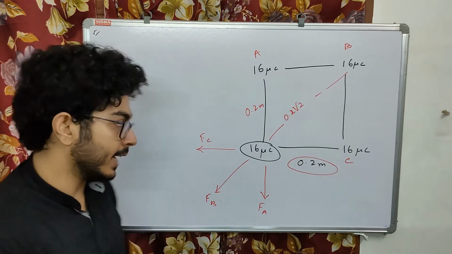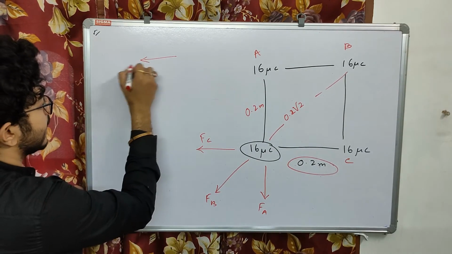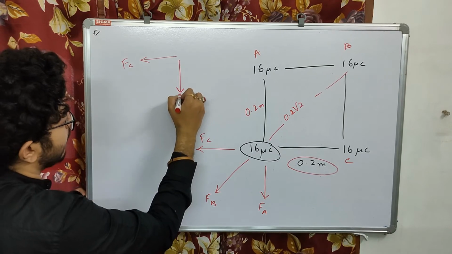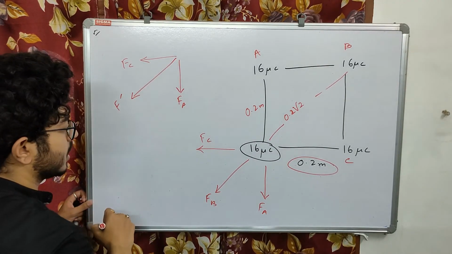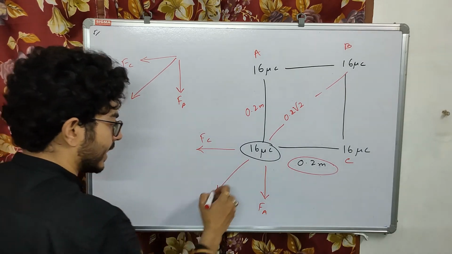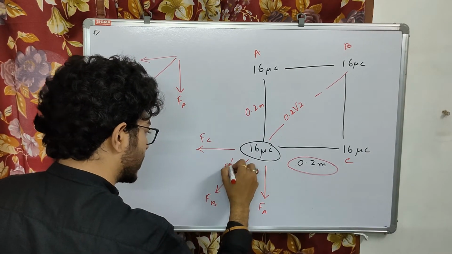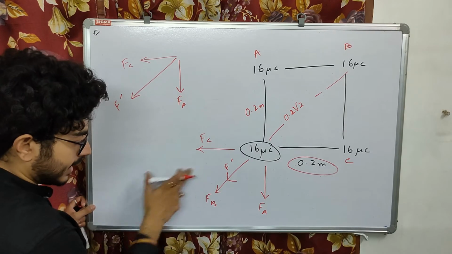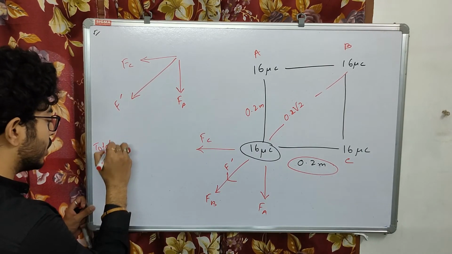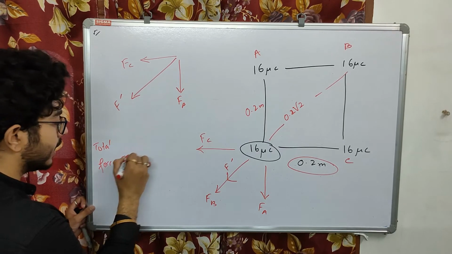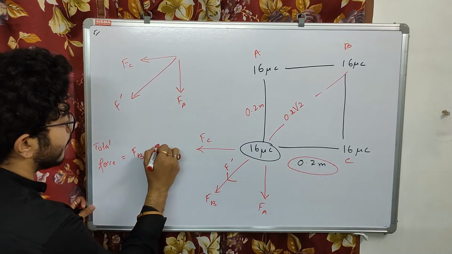If this is FC and this is FA, I can say there will be a resultant force F dash. So F dash is there as well as FB is there. So total force will be FB plus F dash.